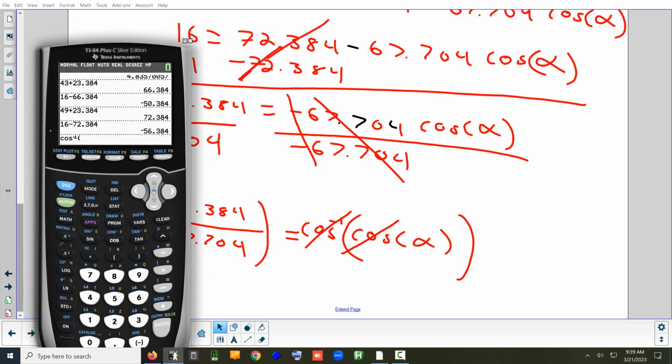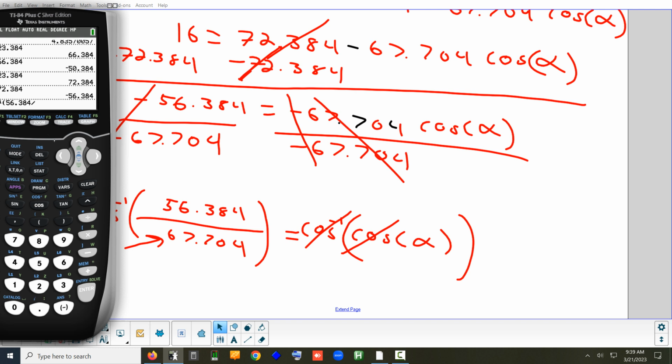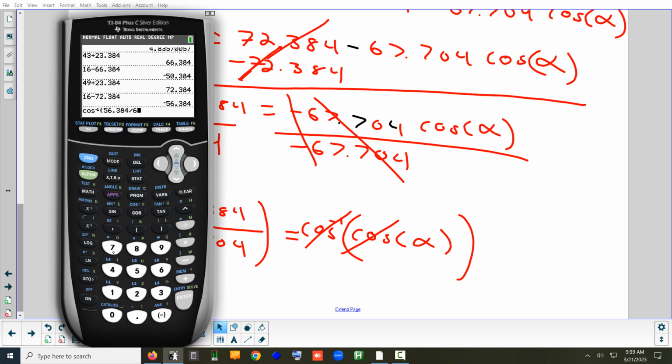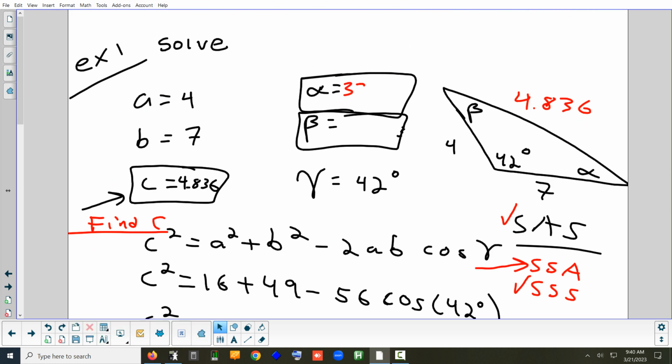So inverse cosine of 56.384 divided by 67,704. That gives me an angle of 33.613, assuming I didn't make any other mistakes. Well, now we've got 5 out of 6 pieces of information, and 3 of those are sides.